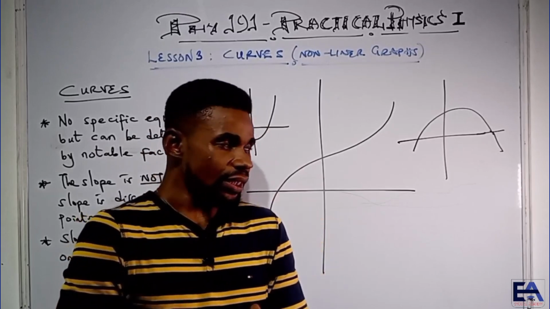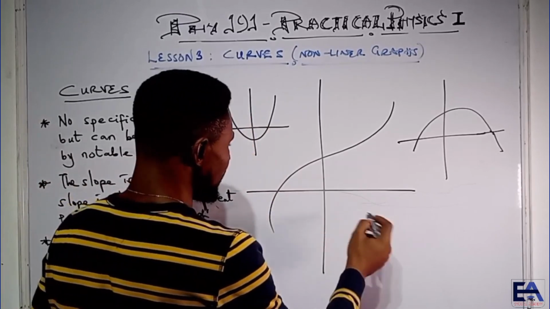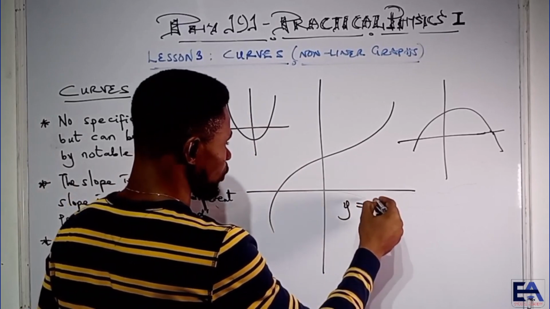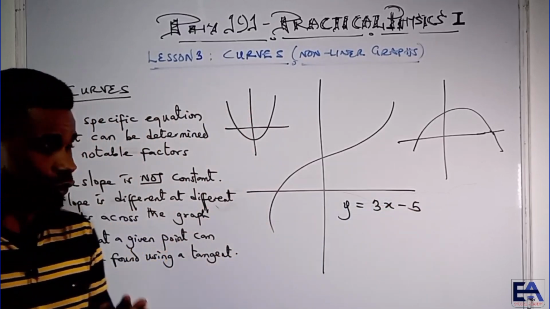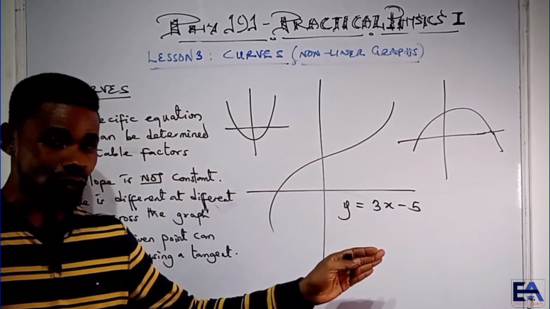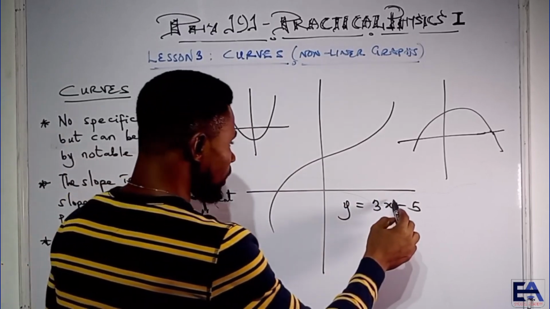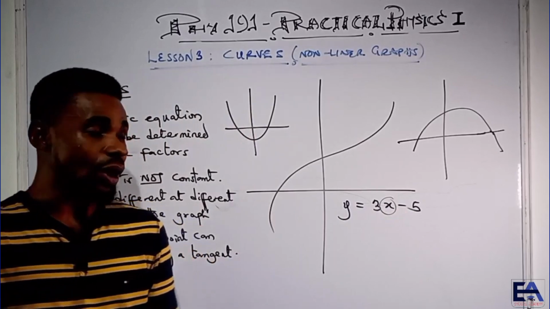So if I have something like this, for instance, y is equal to 3x minus 5, it is very easy for you to say this is a linear equation. Why? Because the power of x is 1.